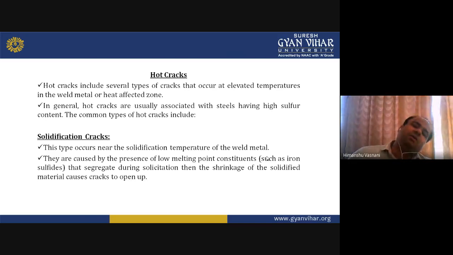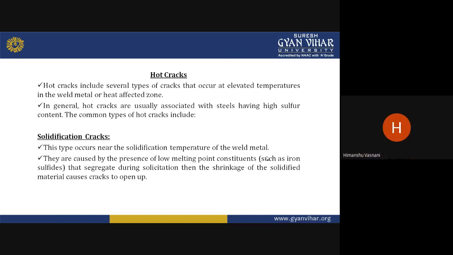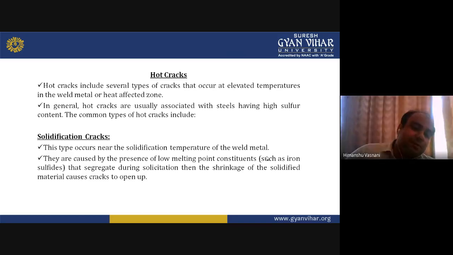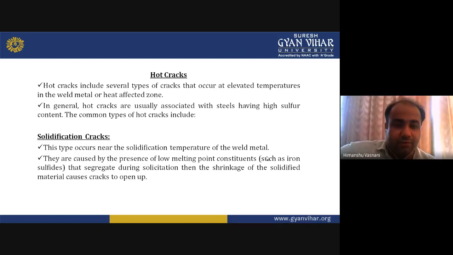In general, hot cracks are usually associated with steels having high sulfur content.